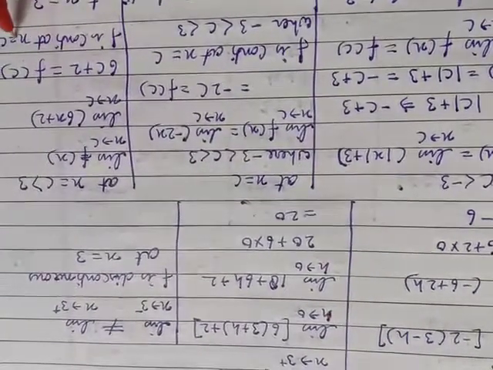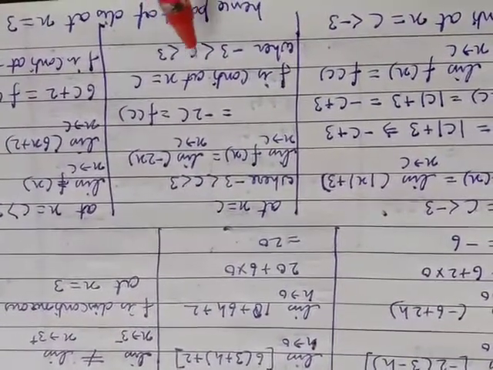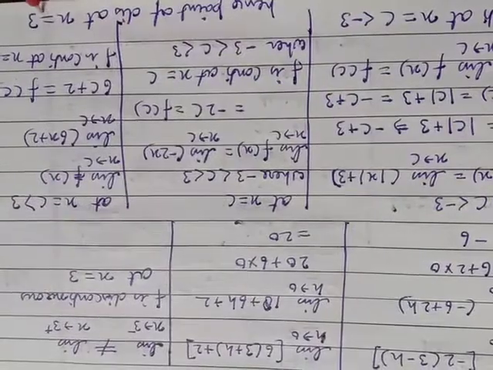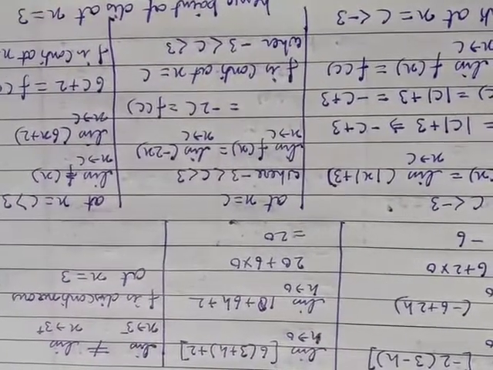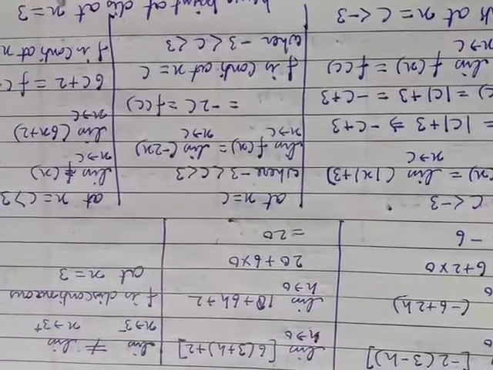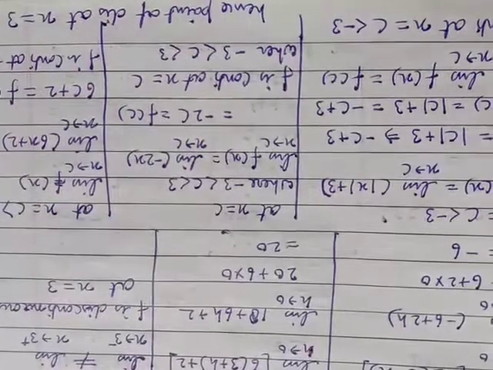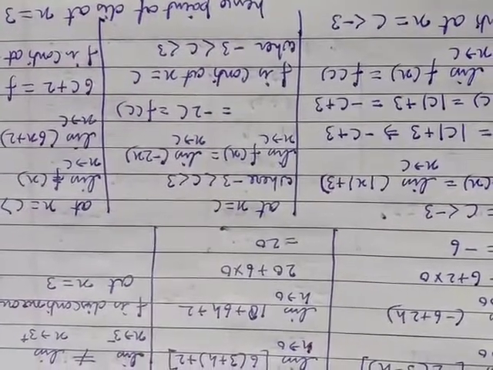So f is continuous when c is greater than 3, when between -3 and 3, and at -3, meaning everywhere except 3. Hence the only point of discontinuity is x equal to 3, and at the rest of the points it is continuous. Pause the video and note down.